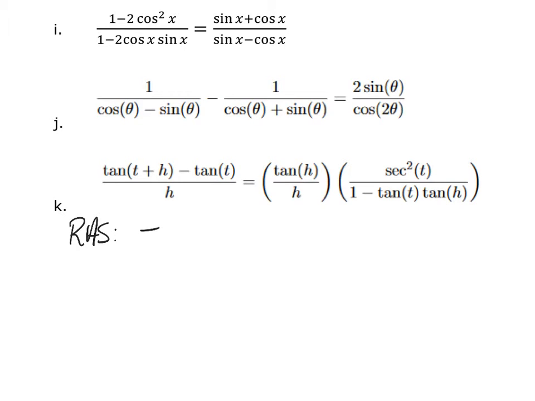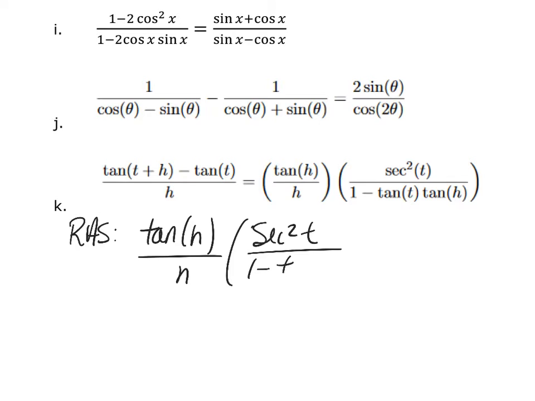So right-hand side, I'm going to rewrite this as the tangent of h divided by h, and then it's the secant squared of t over 1 minus the tangent of t, tangent of h.